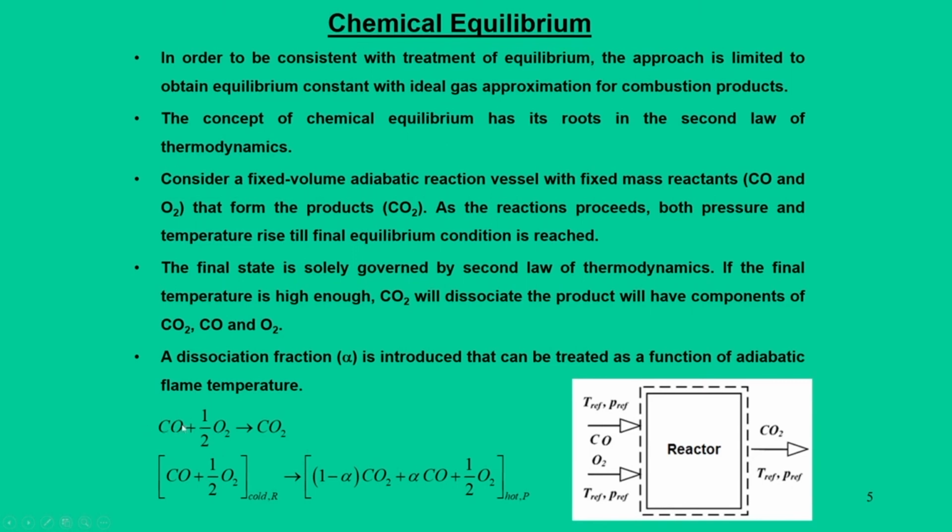Now, always what we look at in this reaction is its final state, but what intermediate steps it would have followed? When this reaction proceeds, at any intermediate situation when the temperature is high, the species could be (1 minus alpha) CO2 plus alpha CO plus half alpha O2. So, at any time instant, when you look at this chemical equation, we can find this.